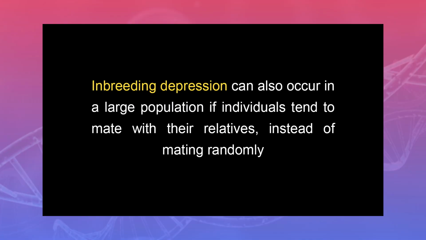The isolation of a small population for a period of time can lead to inbreeding within that population, resulting in increased genetic relatedness between breeding individuals. Inbreeding depression can also occur in a large population if individuals tend to mate with their relatives instead of mating randomly.